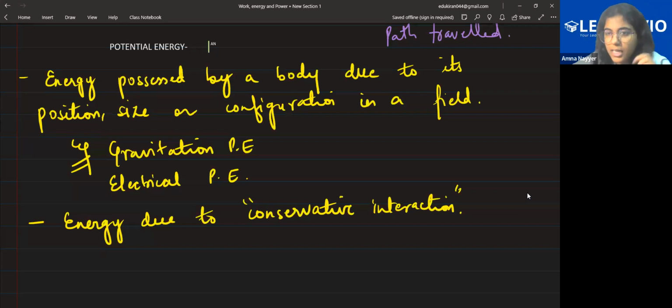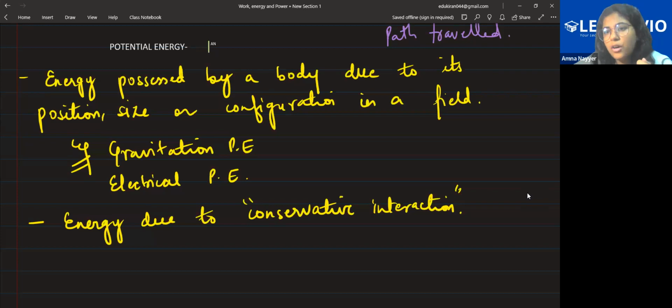But if you just go by this definition of position, size, and configuration, you will not be able to get your answers. The reason is that the definition of potential energy has a meaning with reference to the forces. If the forces are not present, then there won't be any potential energy in the system. Means if two objects are present, they can exert force on each other.